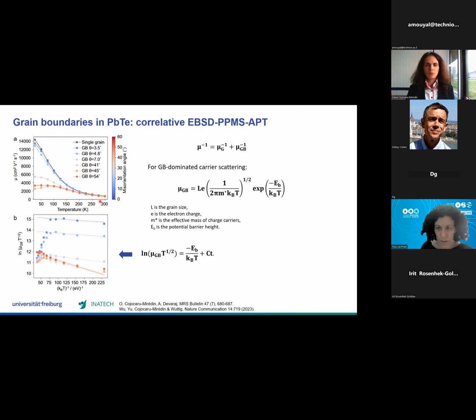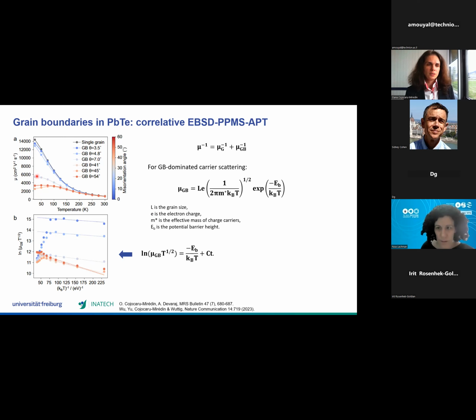So basically at room temperature, the electron mobility behaves the same for all, so the grain boundaries are not scattering anything. But the differences start to appear below 150 K. And we see nicely here that we have a big differentiation and a big scattering phenomenon for the high angle grain boundary.